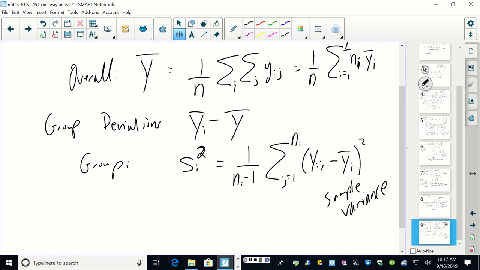That's really going to be an important measure of the spread within that group, and we have the spread across all these. At some point we're going to make an assumption about variances for the standard F test, that the variances are equal. So you can look at the graphs. Do the spreads appear quite similar? Does the variance appear equal?